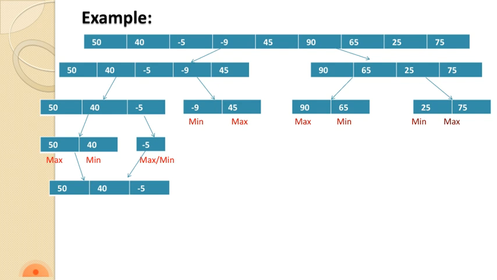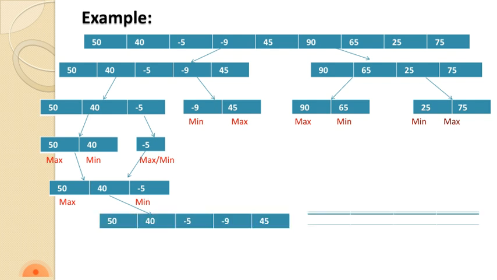So the max value 50 is compared with 45, and the maximum value is 50. Likewise, the minimum minus 5 will be compared with the minimum minus 9, so minus 9 is minimum. So we get the final minimum value, that is minus 9, and the maximum value, that is 50.